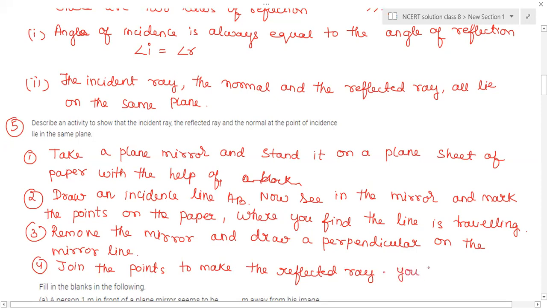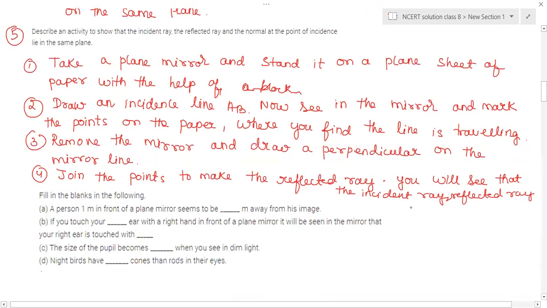You will see that they are all on the same plane. You will see that the incident ray, reflected ray, and normal are on the same plane.